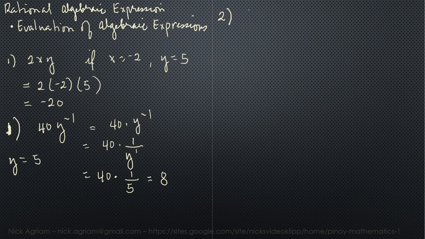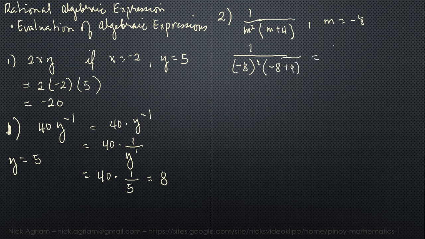Number 2. We have 1 divided by m squared multiplied by m plus 4 in parenthesis, where m is equal to -8. So we have 1 divided by -8 squared multiplied by -8 plus 4. Then we have 1 divided by 64 multiplied by -4.